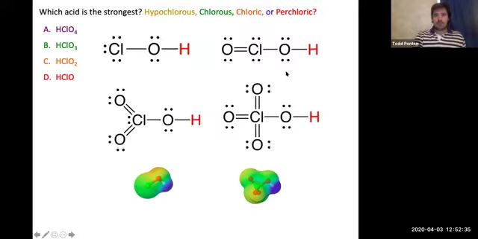Okay. Our poll is open for business. Which of these is the strongest acid? We're going to give this another 20 seconds or so, but think about that rule that we said on the previous page.